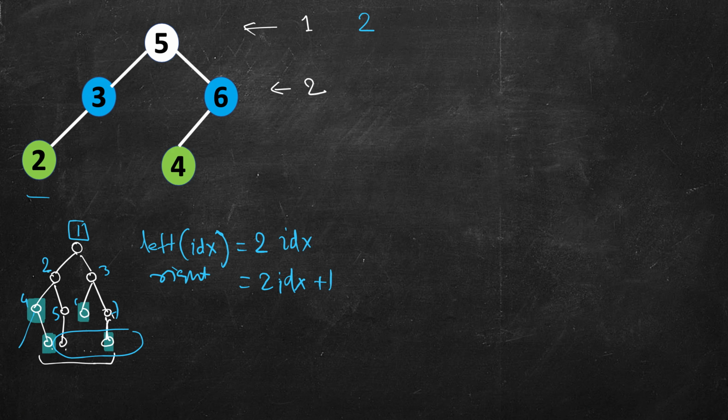So 1 times 2 is 2, and twice of 1 plus 1 is 3. Then double of 2 is 4, and you see index 4. Then 4 plus 1 is 5. So there is a difference of 1 here. Similarly, double of 3 is 6, and this index is 6, and this one is 7, and so on. So even if these nodes are not present, we know their indices.